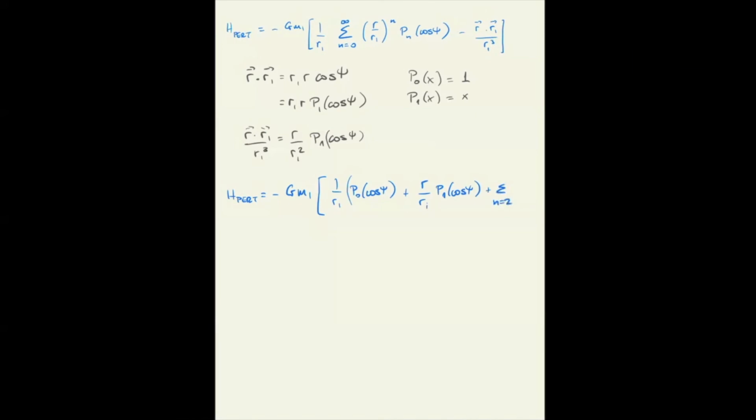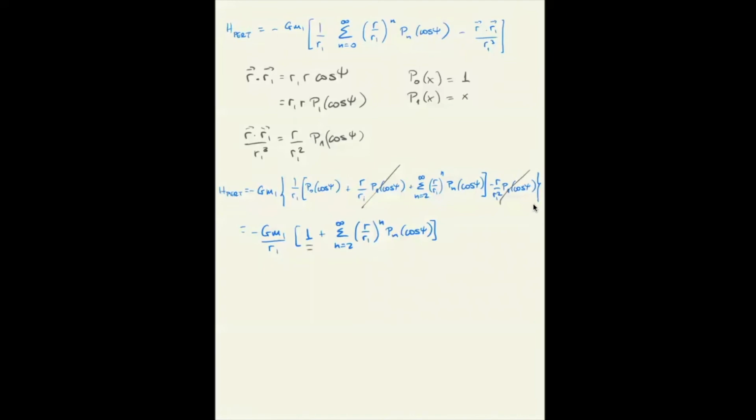Now the summation is starting from n equal 2. The second term cancels with the last, P0 is 1. And this first term doesn't depend on r, so we can remove it since we're only interested in gradients of the Hamiltonian with respect to r, finding now a somewhat simplified form of the perturbation Hamiltonian.